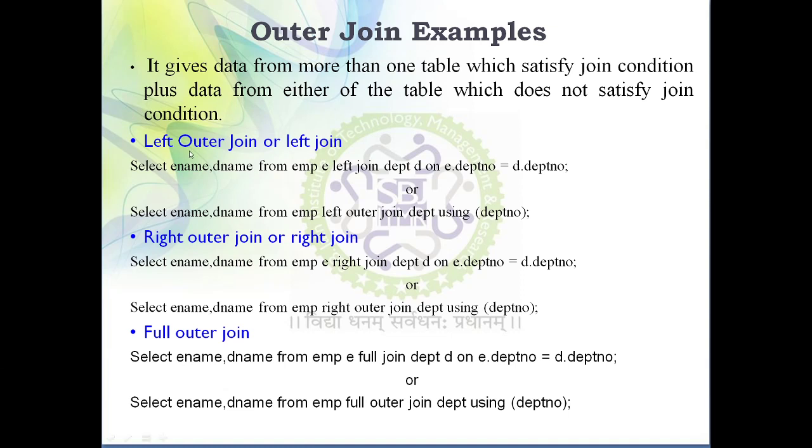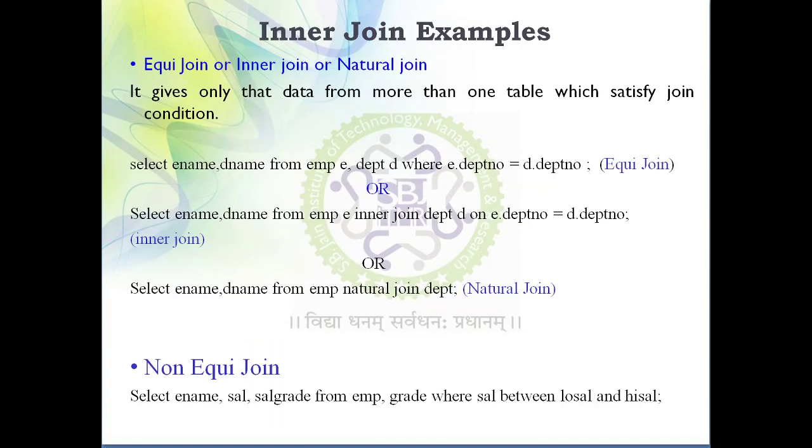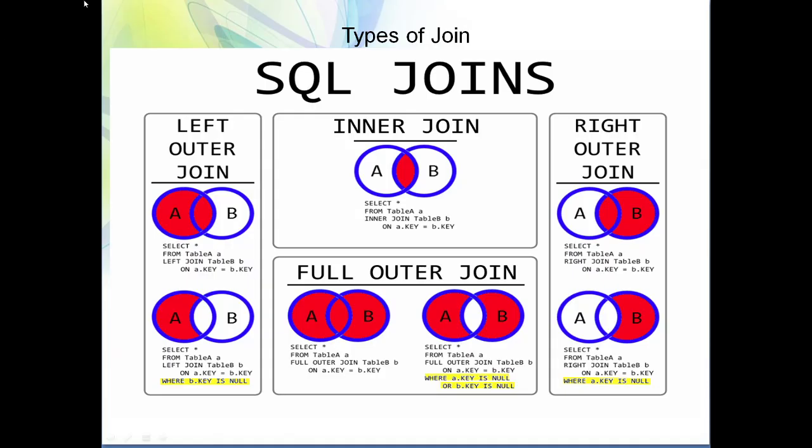Now there are three main types of outer join. First is left outer join, second is right outer join, and third is full outer join. We'll explain this with the help of this diagram.